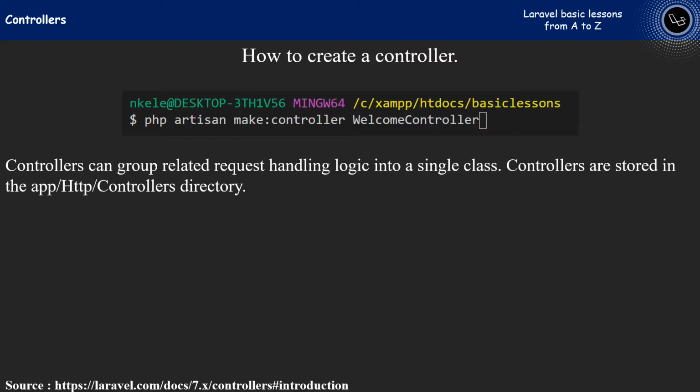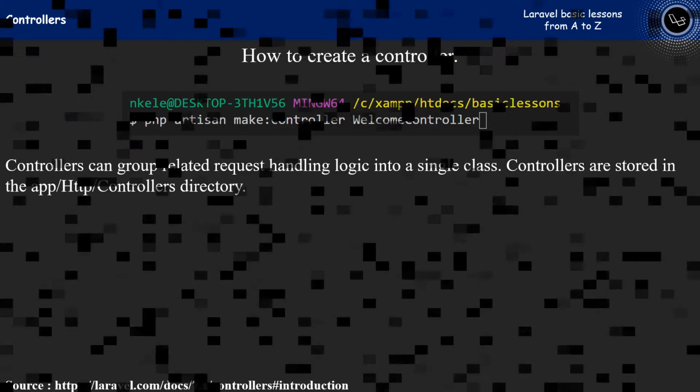And here we are saying controllers can group related request handling logic into a single class, and controllers are stored in the app/Http/Controllers directory. So let us see what a controller is, and let us create a controller.